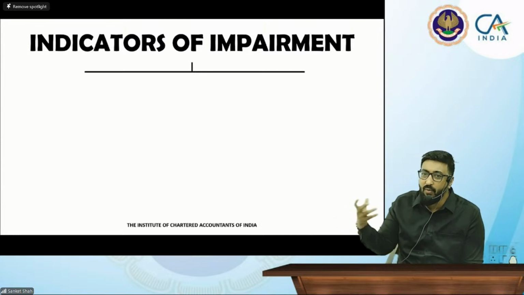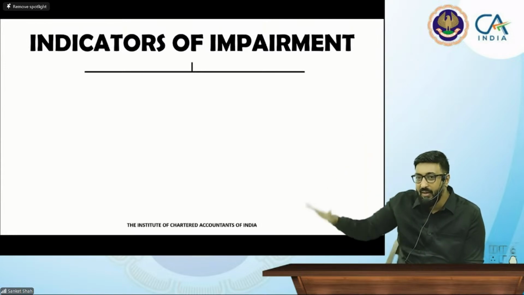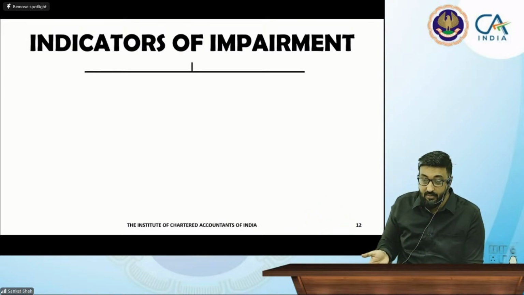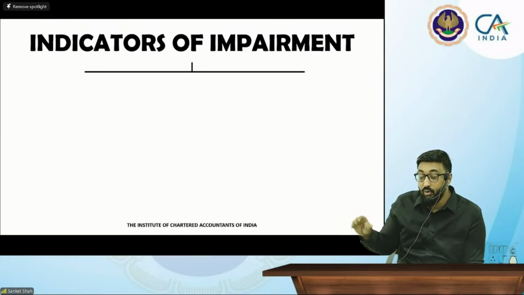Now you bought one asset and suddenly the market falls, and it might happen that the asset is now available at a very low price. I'm not talking about shares, I'm talking about that asset. Or you bought one asset and suddenly understood that technology got changed.